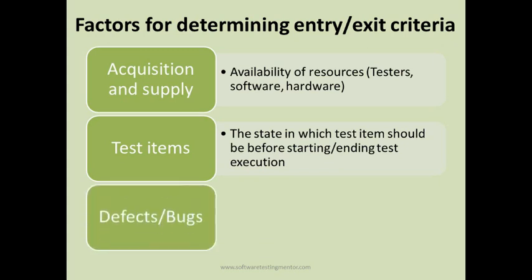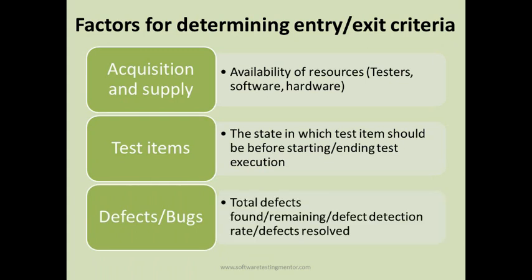Third is the defects or bugs. So total defects found in that particular test release, how many have been fixed, how many are still remaining, what was the defect detection rate, how many defects were deferred. All this information is also a factor to determine whether we can enter the next phase of testing or exit the current phase of testing.